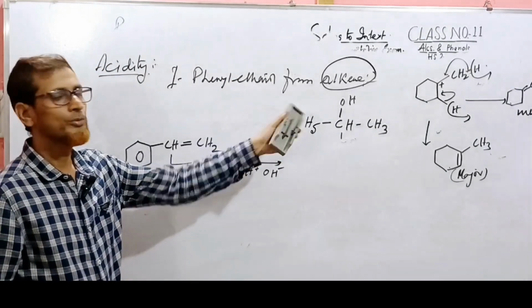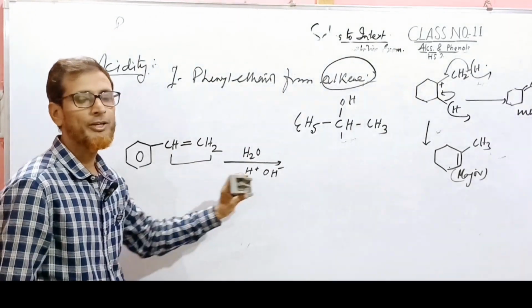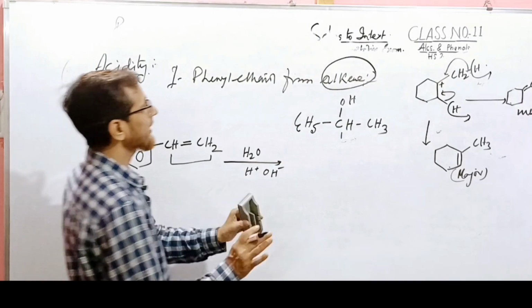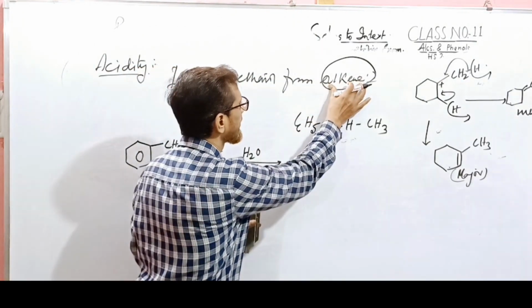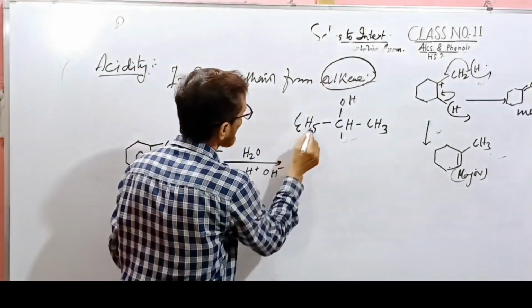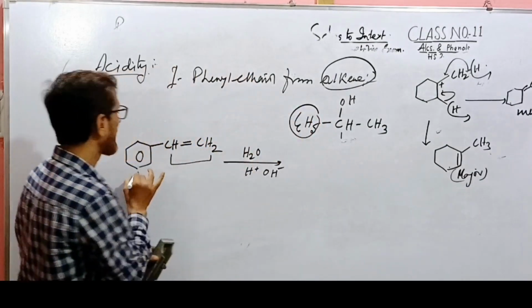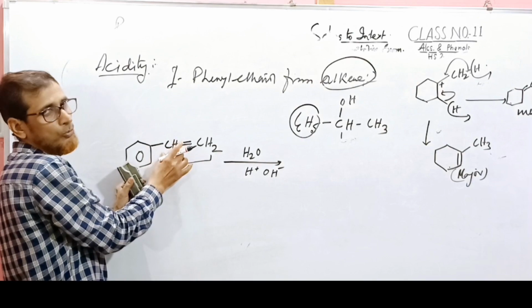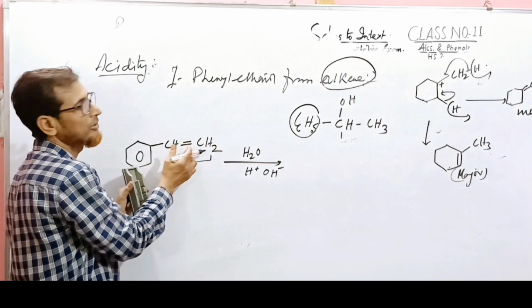Just now I told you, where a double bond is there, you follow Markovnikov rule. So I just have to make a correct choice of alkene: the benzene should remain intact, and the other part will be the alkene. That alkene, no way out, we should write as CH double bond CH2.